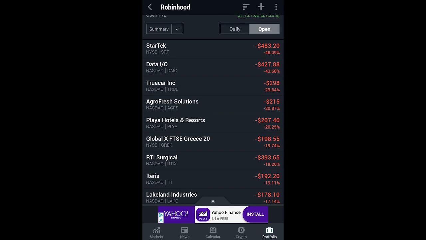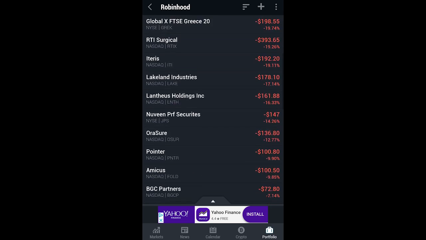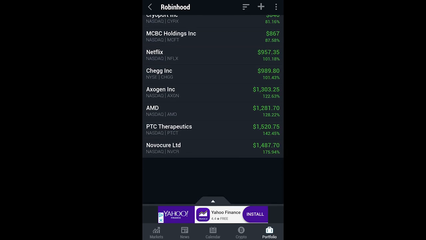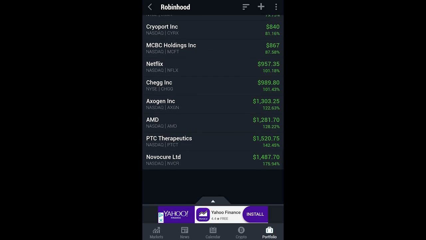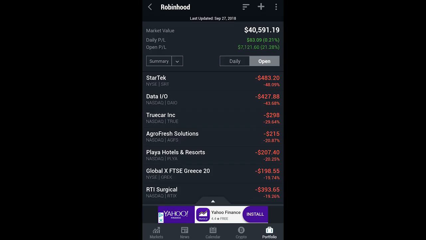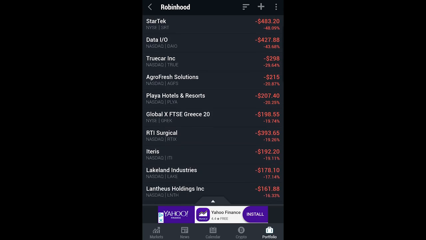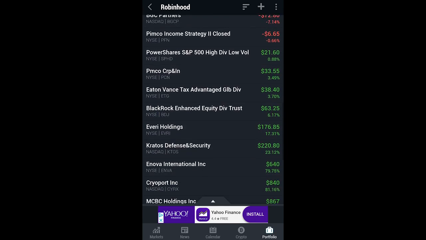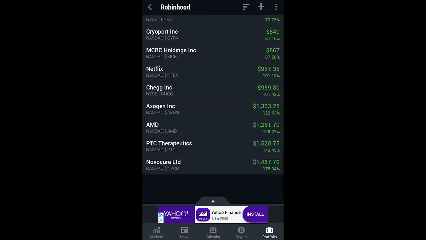On the worst, I'm losing about 500-something because I bought $1,000 worth and it's down to 400-something. But on the best, I bought $1,000 worth and now it's up to 1,400. And then the next one is 1,500. So my worst stocks were actually not so bad that they destroy my good stocks.